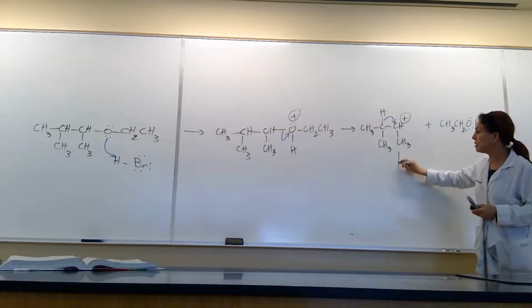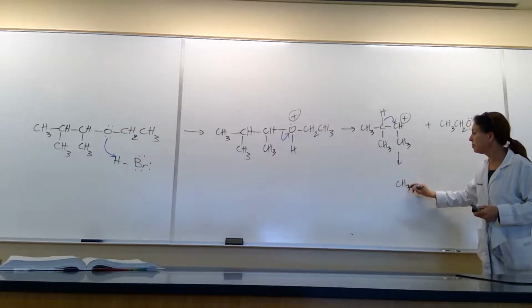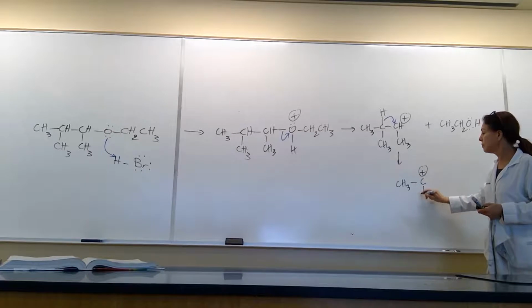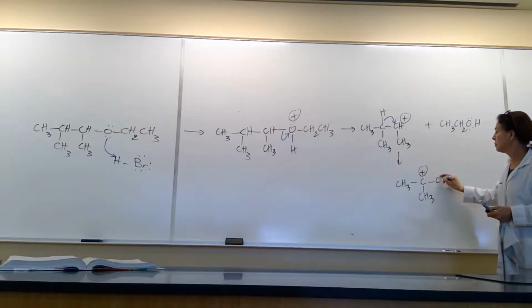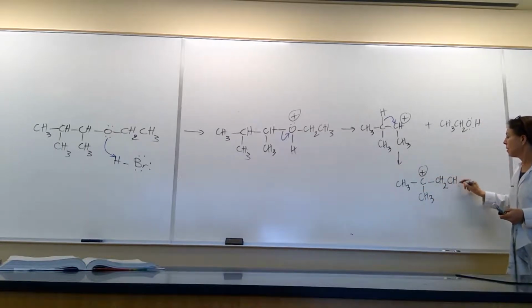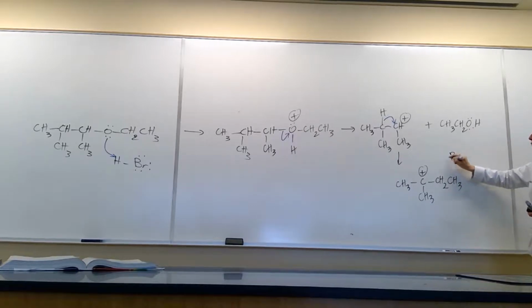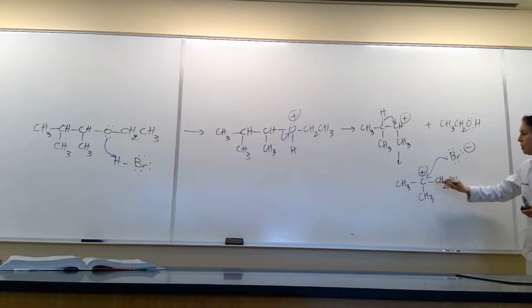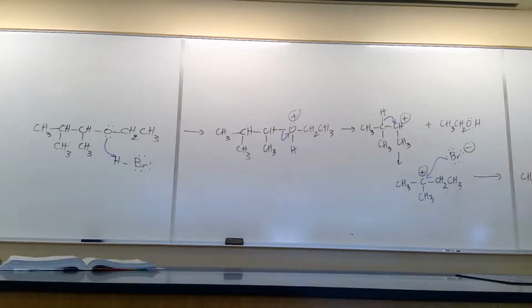Then you're going to create this carbocation. And then the bromide now will attack. So this is the scenario where you have the hydride shift or methyl shift. It's always when you have a secondary, not primary. Okay, you can never do the shift, even if it looks like it's possible. It's not going to happen unless you have a secondary.